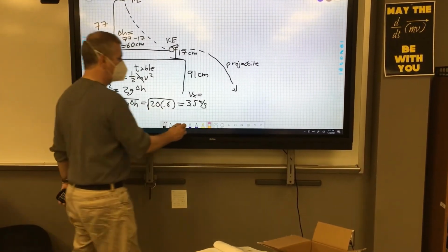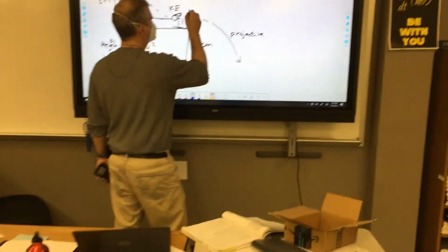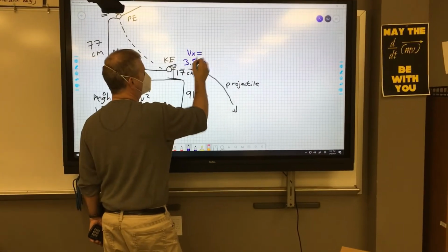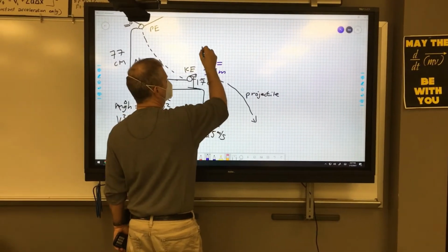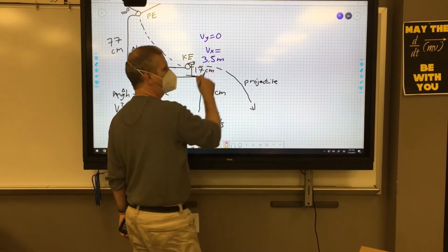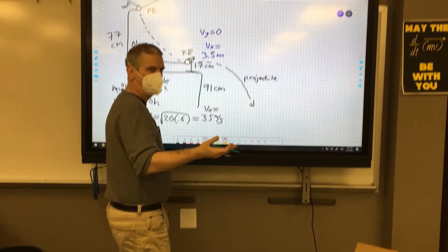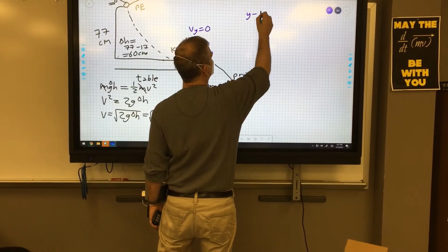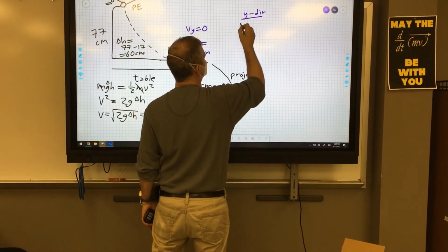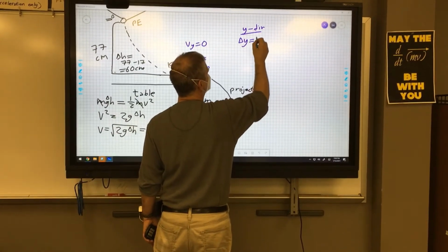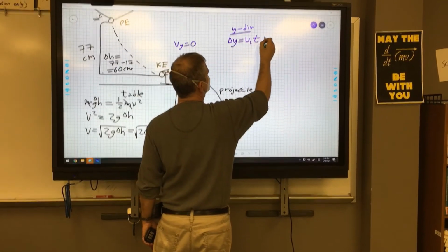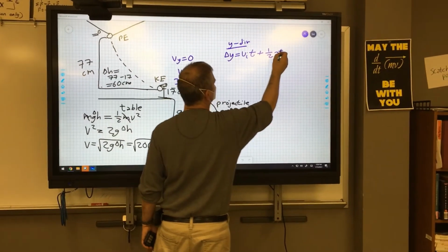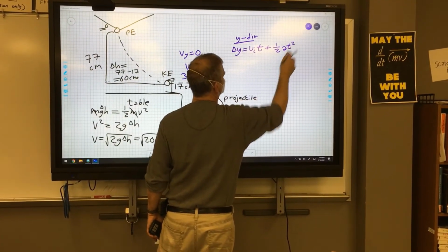Now let's go to do projectile motion. At this point, we have our x velocity being 3.5 meters per second, and our y velocity equal to 0, because horizontal is not vertical. Well, let's find our time to the ground. In the y direction, we will have delta y equals v initial times the time plus 1/2 a t squared. Let's put in our numbers. There you go.